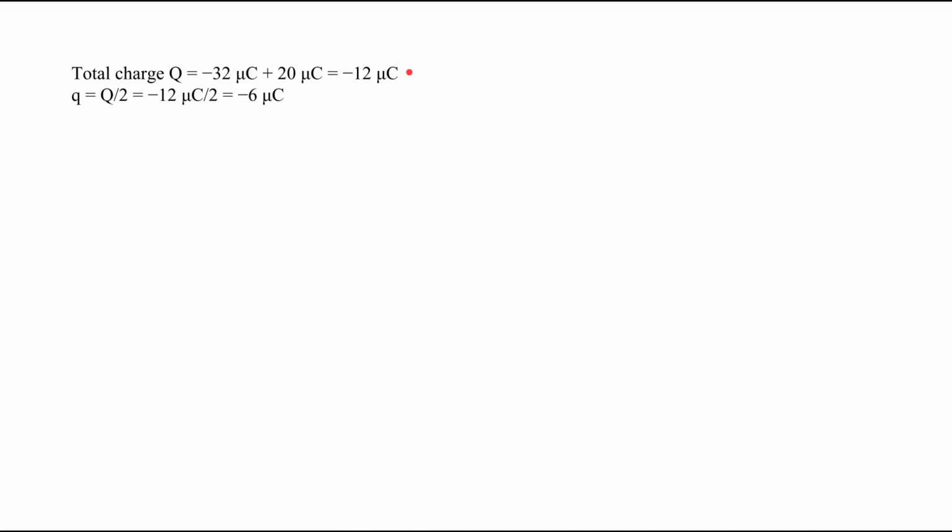When they touch, the electrons, which carry negative charge, will distribute themselves equally until they're all in equilibrium, until no electrons want to move any further. That's when the charge is the same. Since it's being distributed among two spheres, you divide this net charge by 2, and the charge in each of the spheres will be negative 6 microcoulombs.